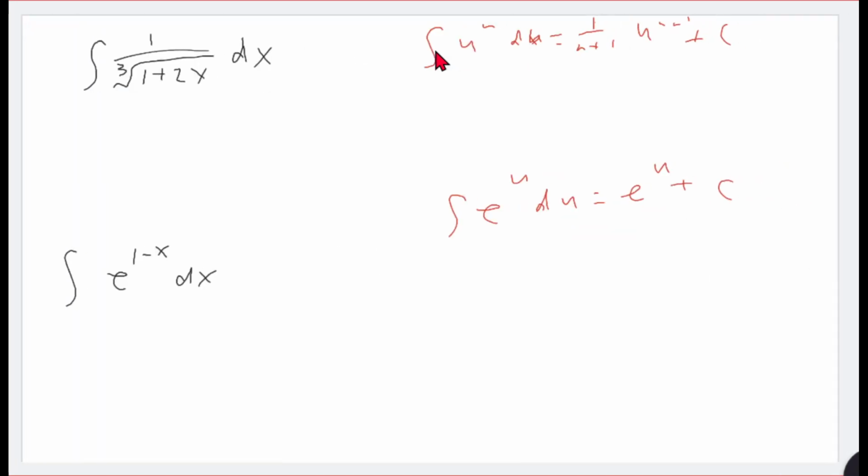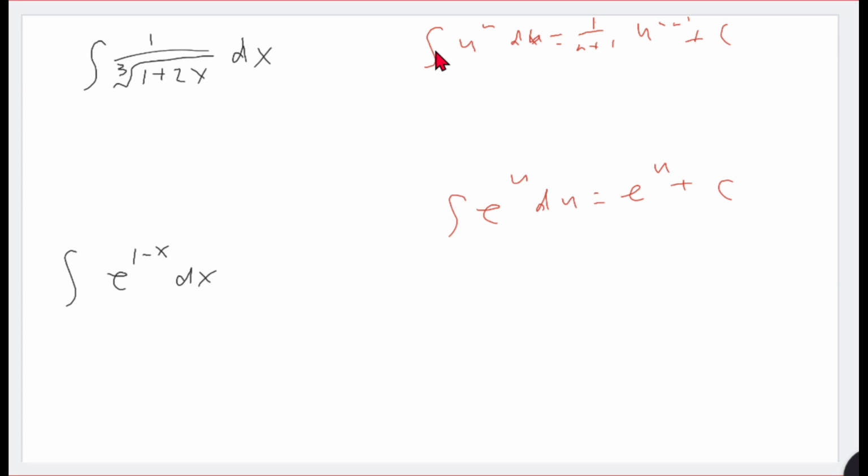Let's see more examples. Here I have the integral of 1 over the cubic root of 1 plus 2x. Obviously, we don't have any formula for this. But if we think about it, the cubic root is a power. It's in the denominator, so it's a negative power, but it's still a power. That's no problem. The problem is 1 plus 2x.